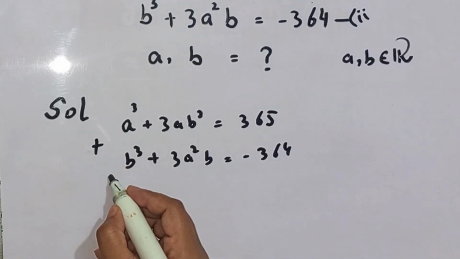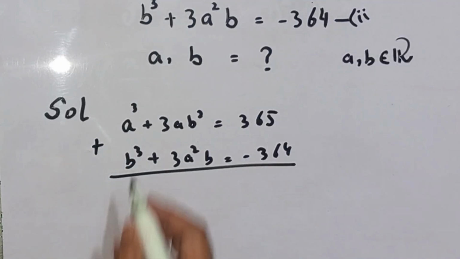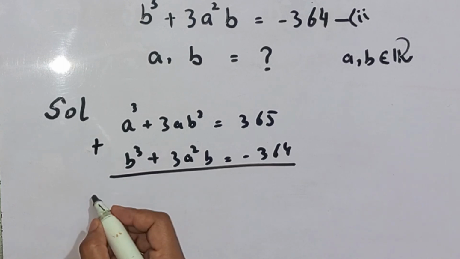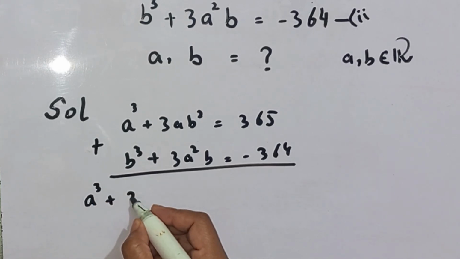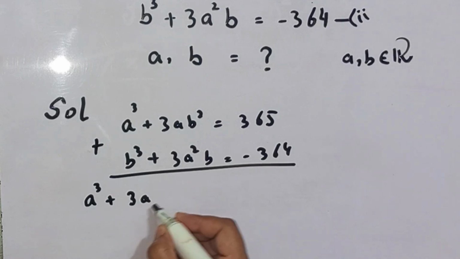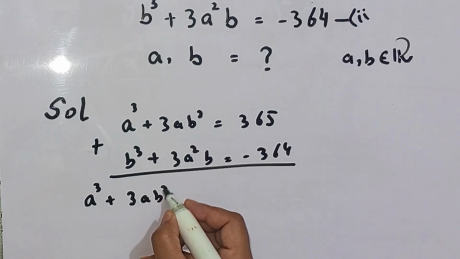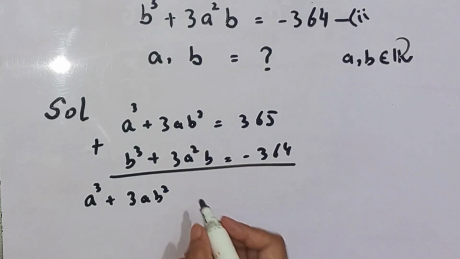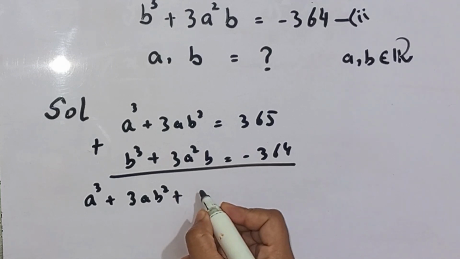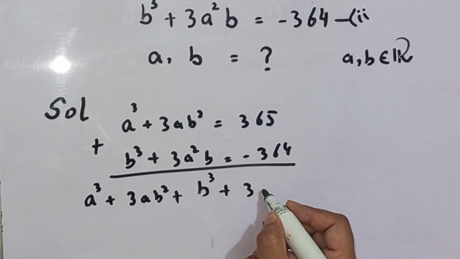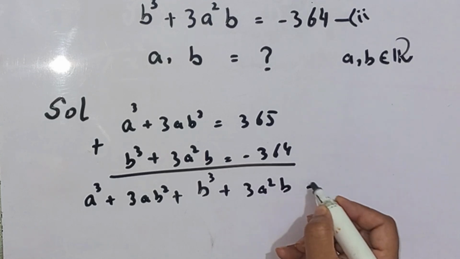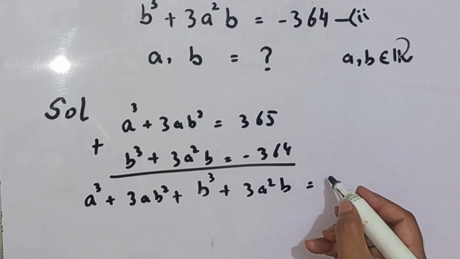We add these two equations. Then the left hand side is a cube plus 3 a b square plus b cube plus 3 a square b, and the right hand side is 1.